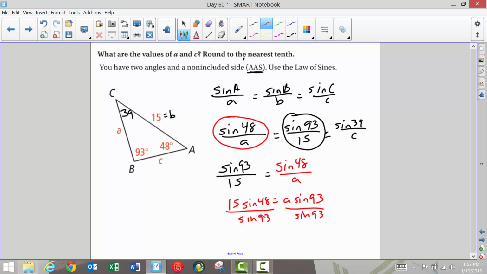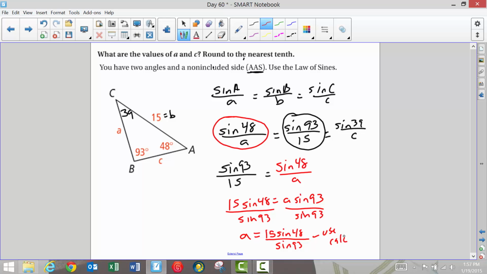Now don't evaluate until the very end. So now you just got to use your calculator. So I know that A is equal to 15 sine 48 divided by the sine of 93. So here you have to use your calculator.